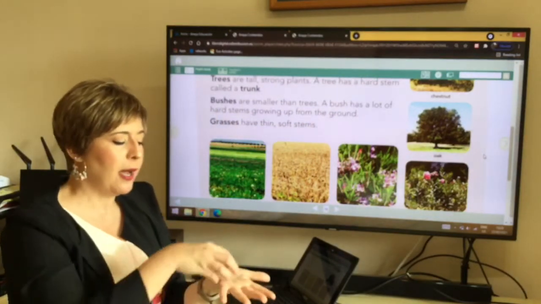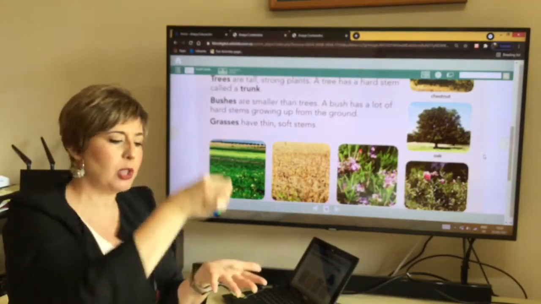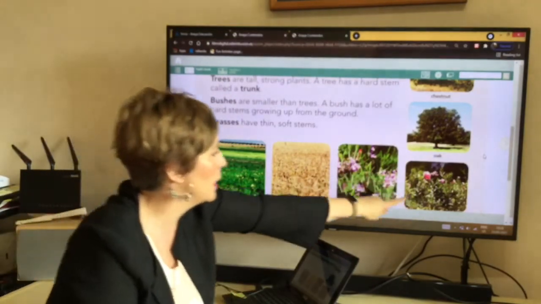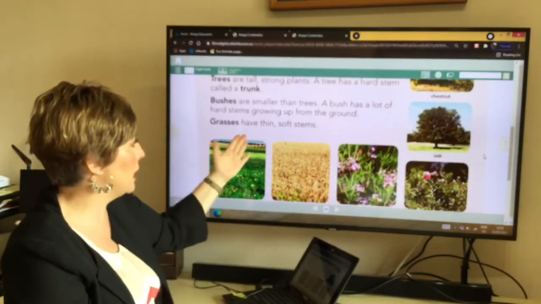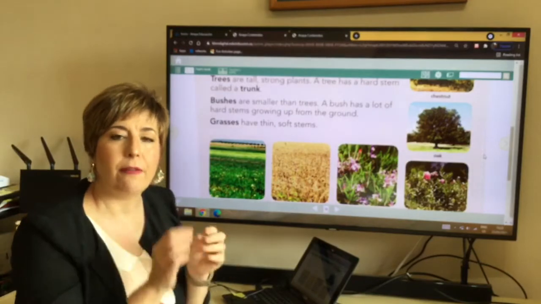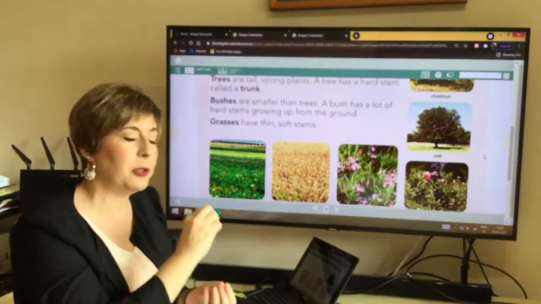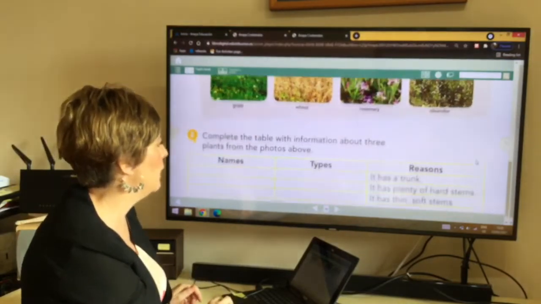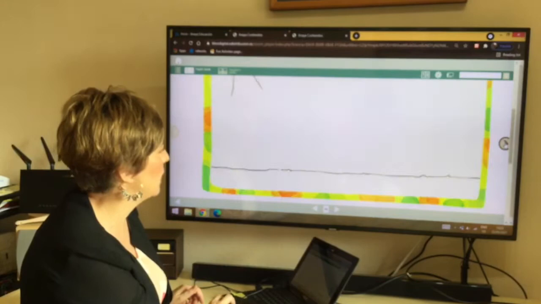So they don't have a trunk and then the stems. No, they have the stems growing from the ground, as you can see here. And what about grasses? Grasses have a thin, very soft and flexible stem. That's the difference between trees, bushes, and grasses.